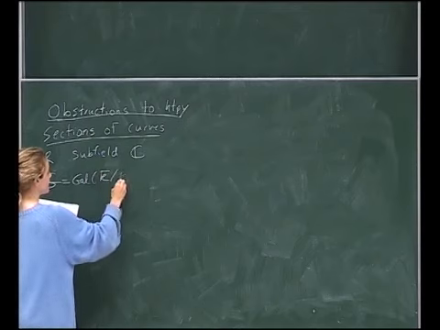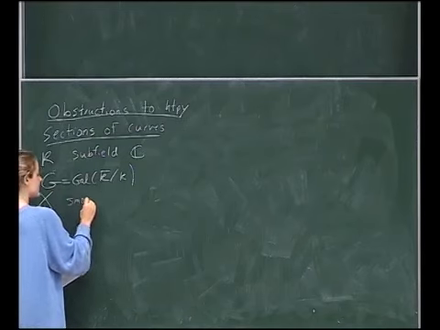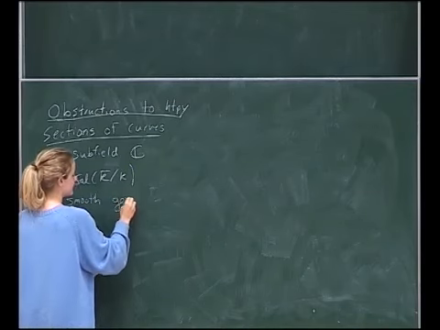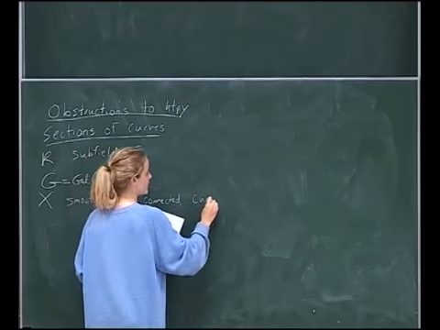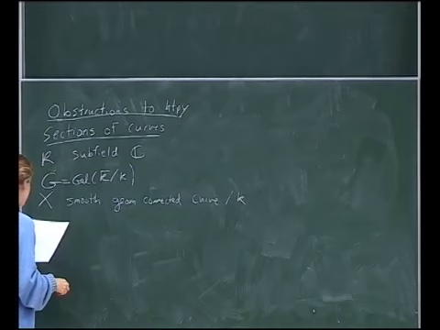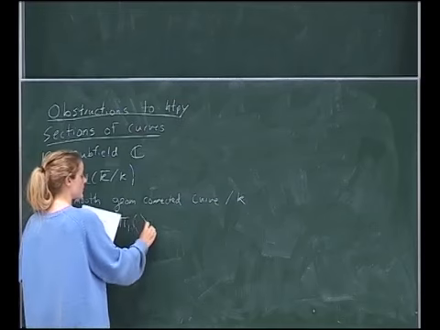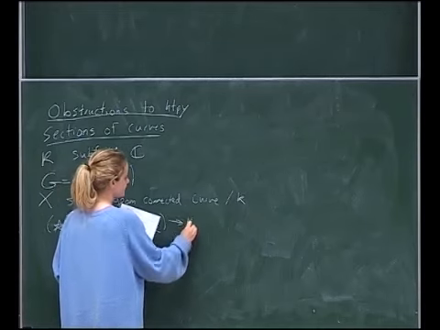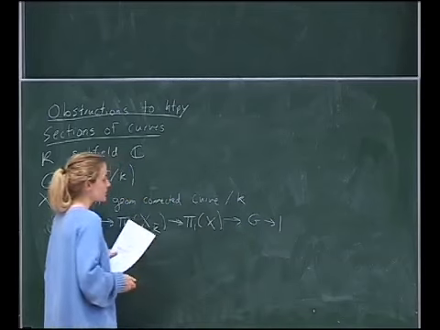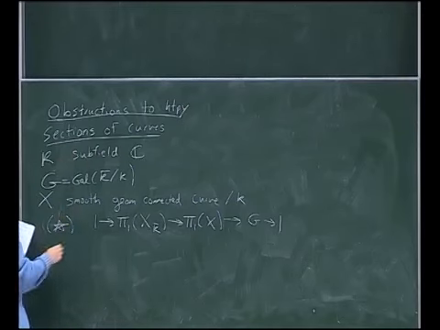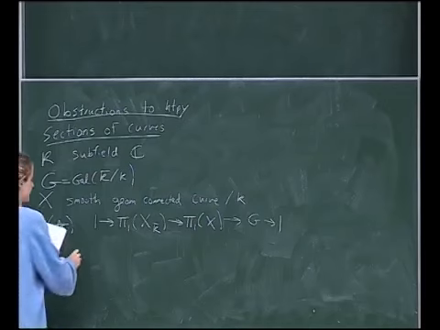So the setup is that we take K, a subfield of C, and we introduce the notation that G is the absolute Galois group of K. And we'll take a smooth, geometrically connected curve X over K. And then, as in yesterday, we have the homotopy exact sequence between the étale pi 1 of the base change to the algebraic closure, the étale pi 1 of the curve, and the absolute Galois group.